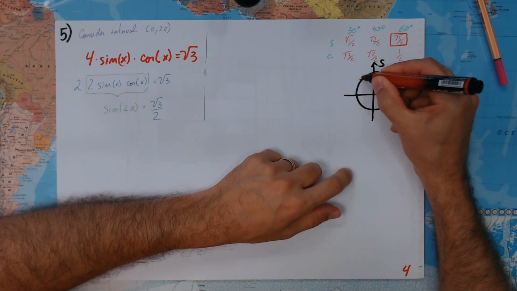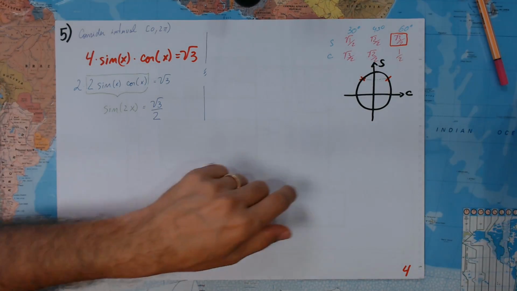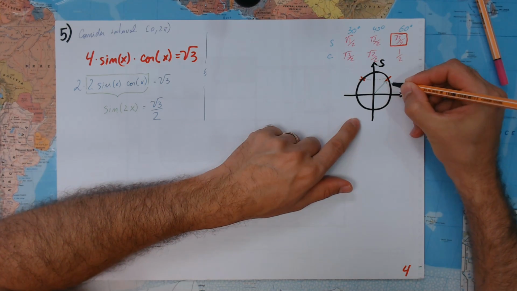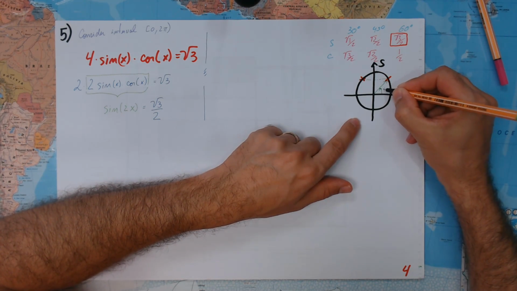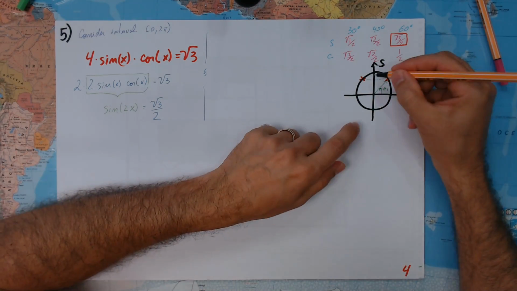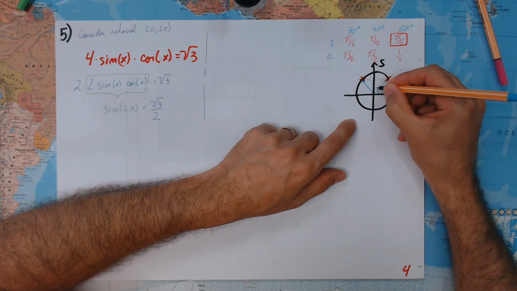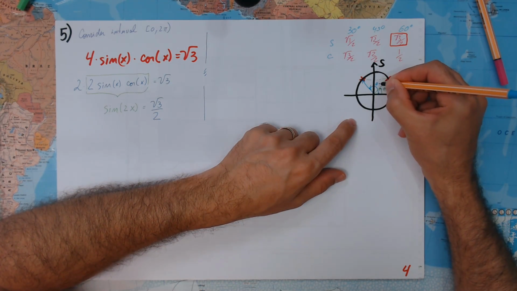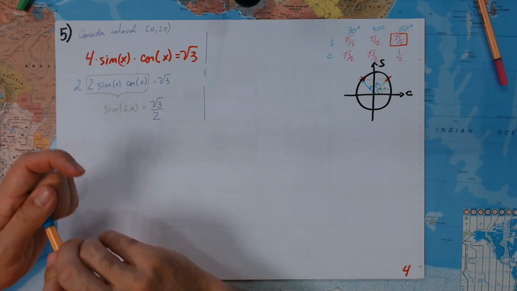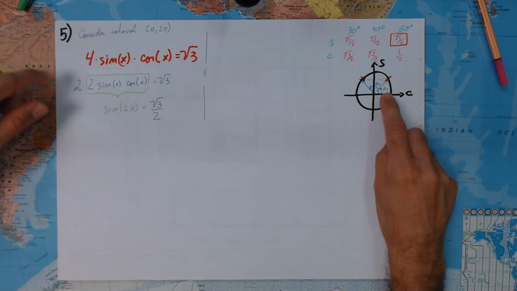This angle and that angle both are going to give us the same sine. So this is going to be one angle. Let's call it theta 1. And we are also going to have another angle that is also going to give us a sine of square root of 3 divided by 2. We have 2 values in here. They are supplementary to each other.